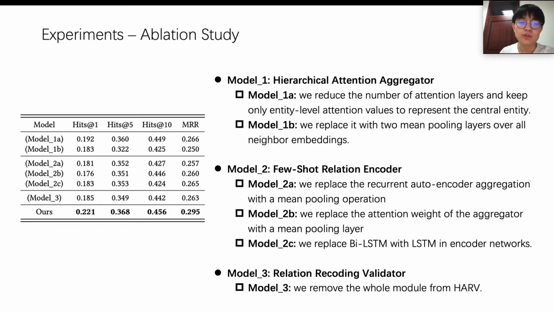In Model 2B, we replace the attention weight of the aggregator with the mean pooling layer. In Model 2C, we replace BiLSTM with just LSTM in encoder networks. And finally, in Model 3, we remove the whole module, which is the relation recoding validator, from HARV.